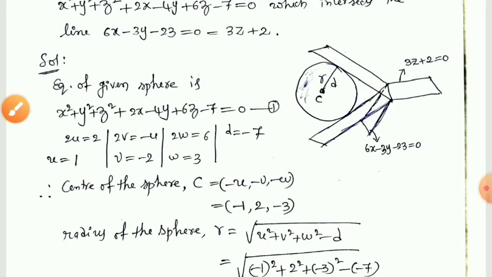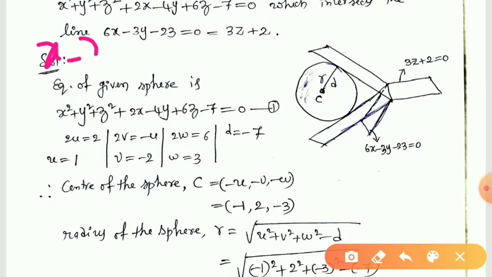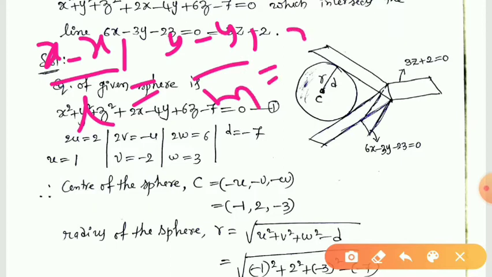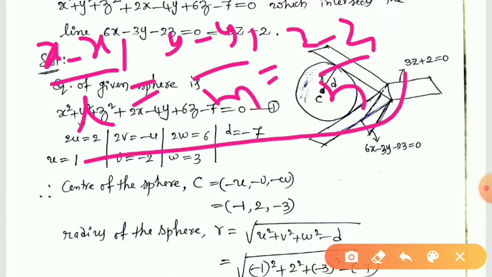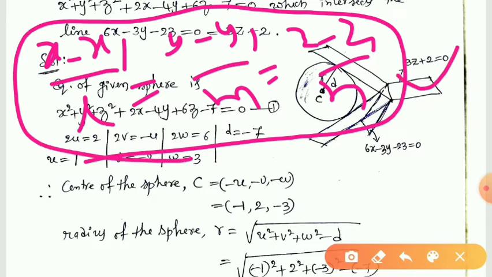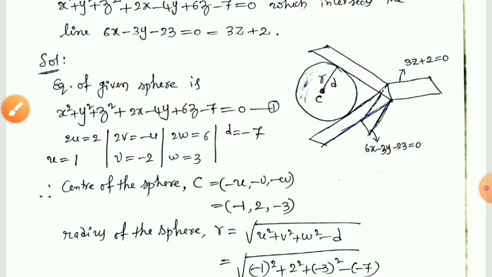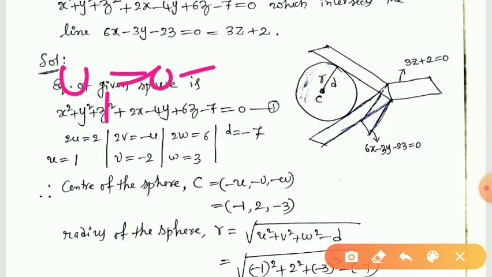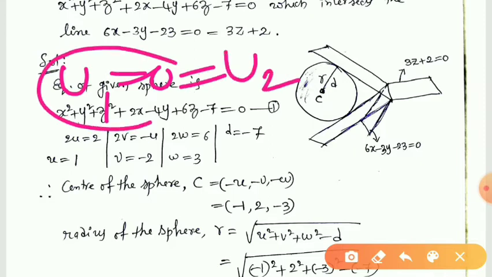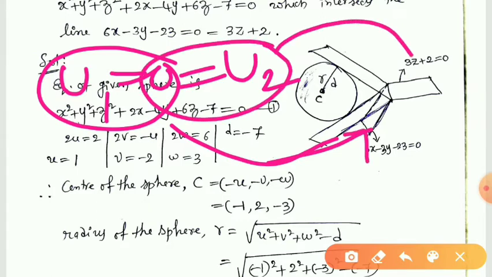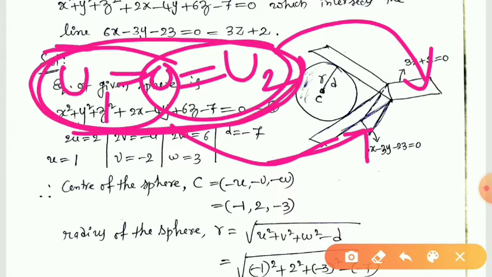Another procedure: (x - x1) by l = (y - y1) by m = (z - z1) by n gives us the equation of a straight line in three-dimensional geometry.